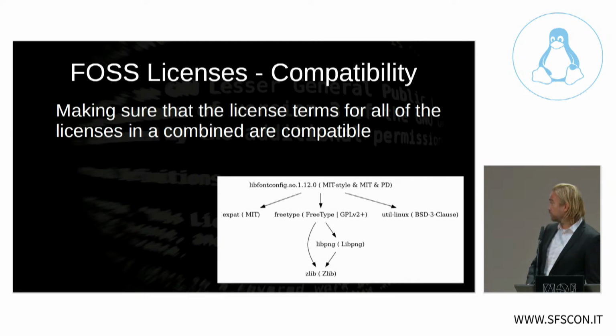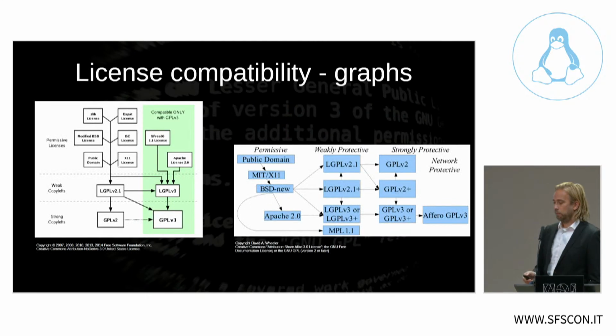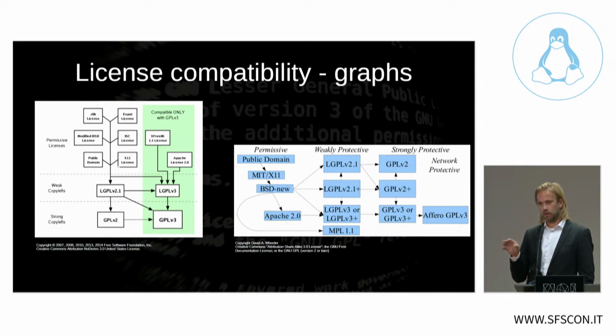So what is that? For a project like this, it's Fontconfig, if I remember correctly. They have a couple of dependencies. So when you're looking at the combined work, we need to make sure that all the licenses are compatible with each other. At some point I tried to codify licenses.